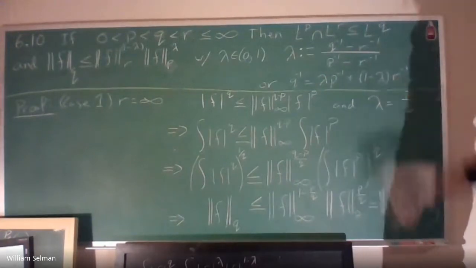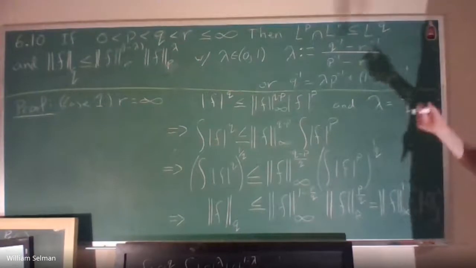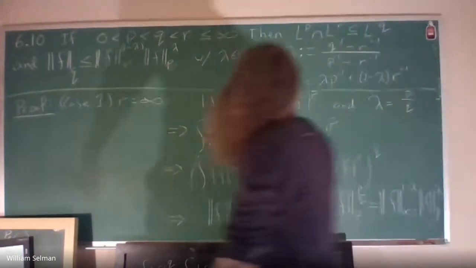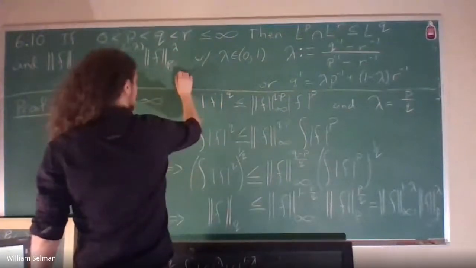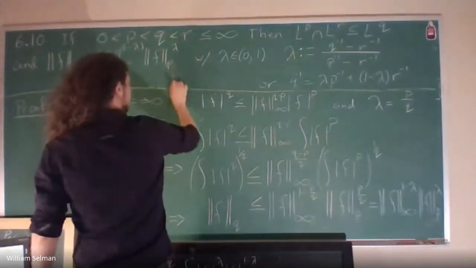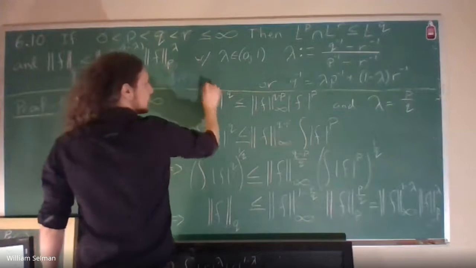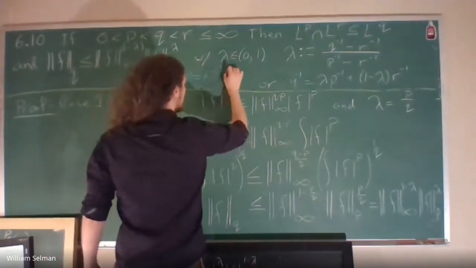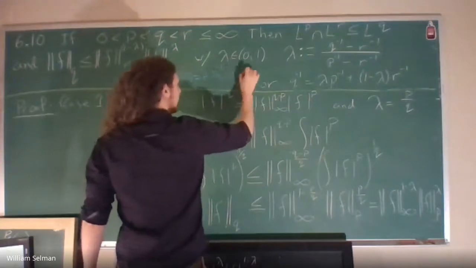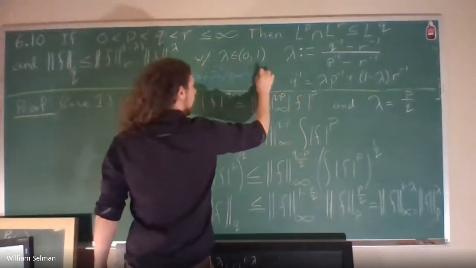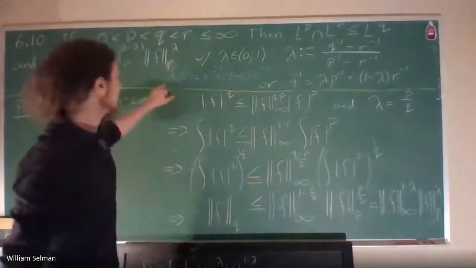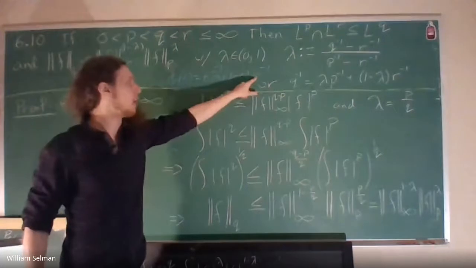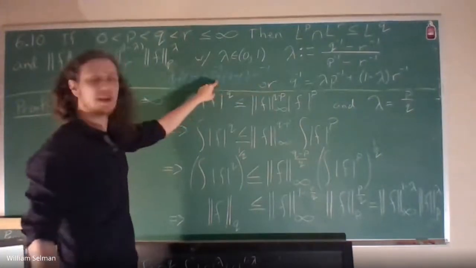The intuition for this quotient definition is that if we consider this function of t, which we'll call phi of t, equal to t p inverse plus (1 minus t) r inverse, then as t ranges from 0 to 1, when t is 0 we have r inverse, and when t is 1 we have p inverse.